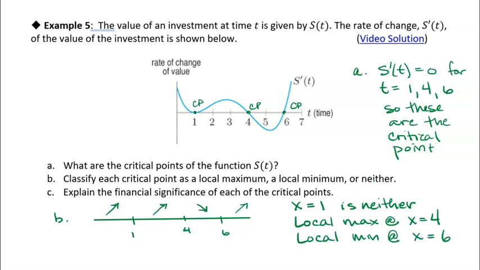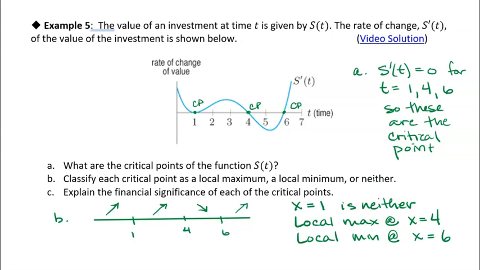So that's telling us that there's a local maximum of the value of the investment at t equals 4, and then the value of the investment is at a local minimum at t equals 6.